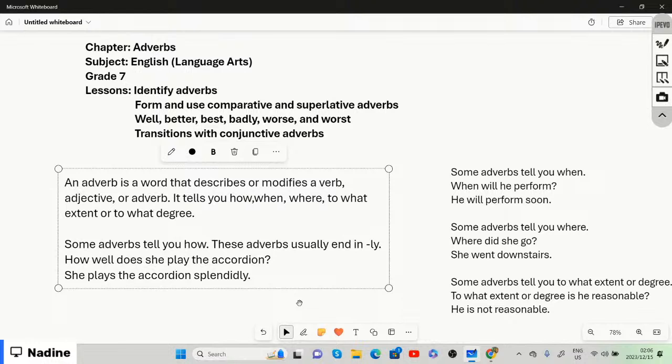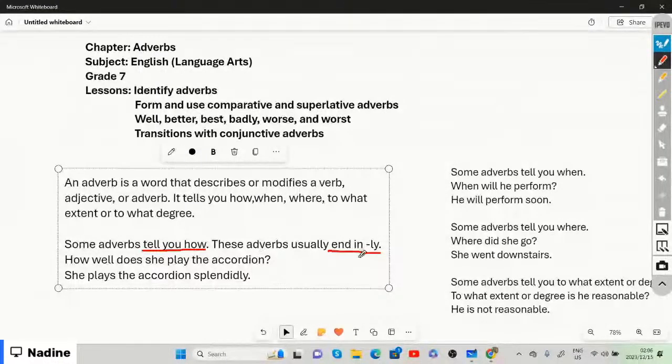Some adverbs tell you how. Adverbs that tell us how usually end in ly. So the question is, how well does she play the accordion?